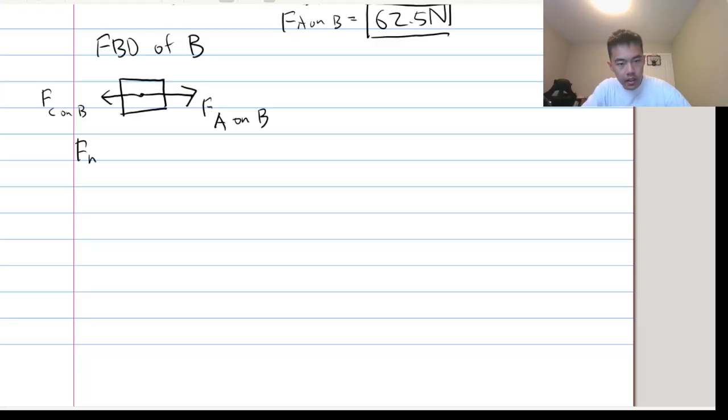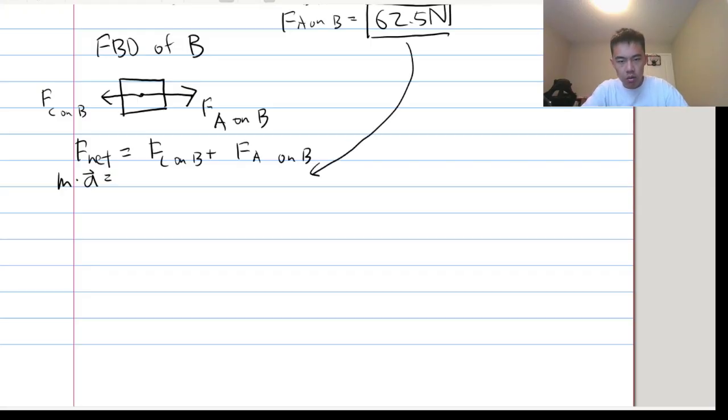F net equals F C on B plus F A on B. Now, mass times acceleration is equal to, we don't know C on B yet, but we do know A on B, because A on B is equal to 62.5 newtons. And this is our unknown.